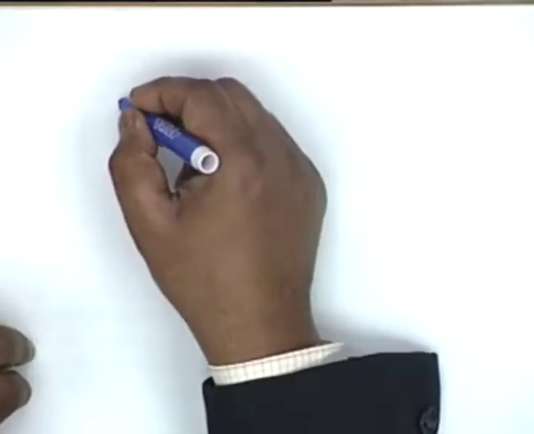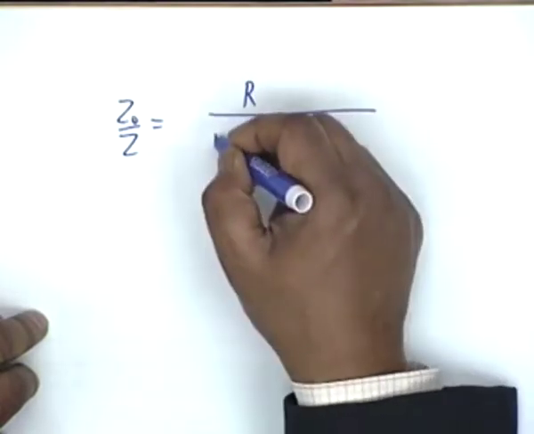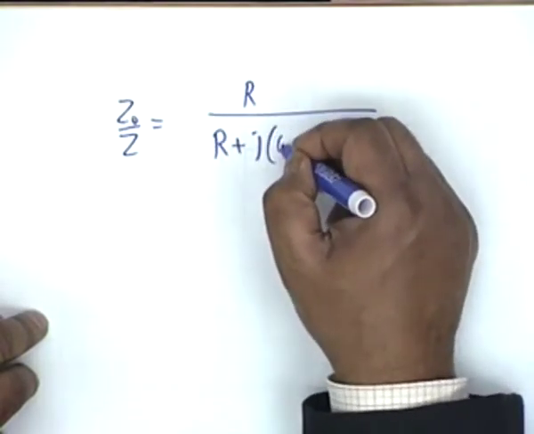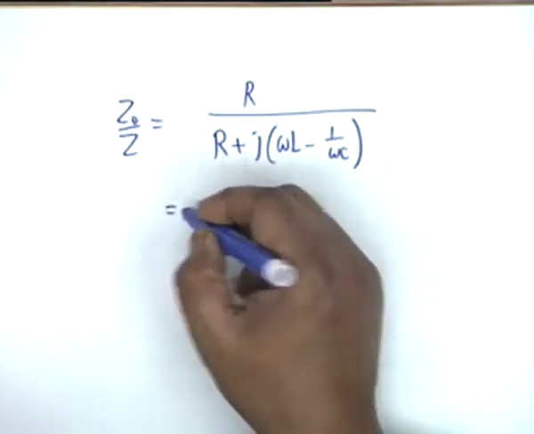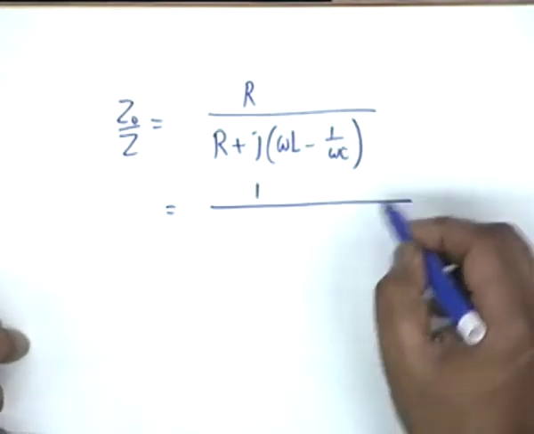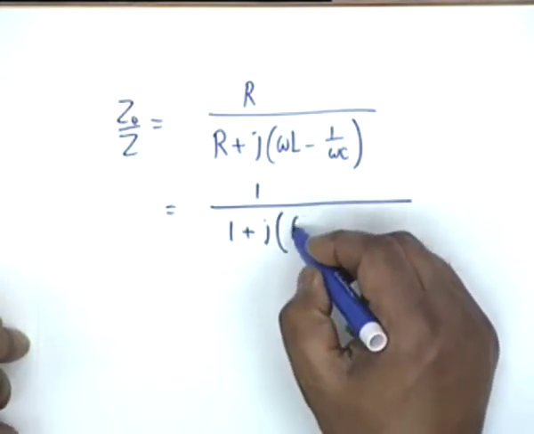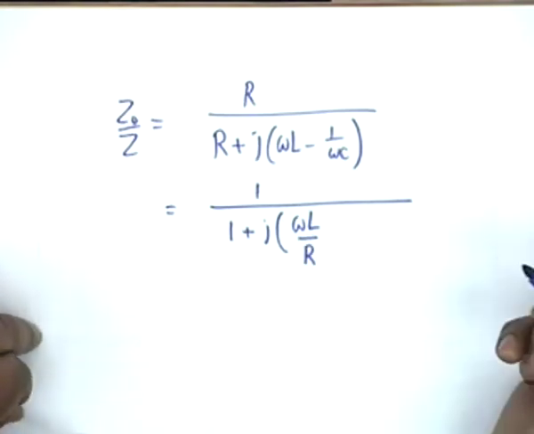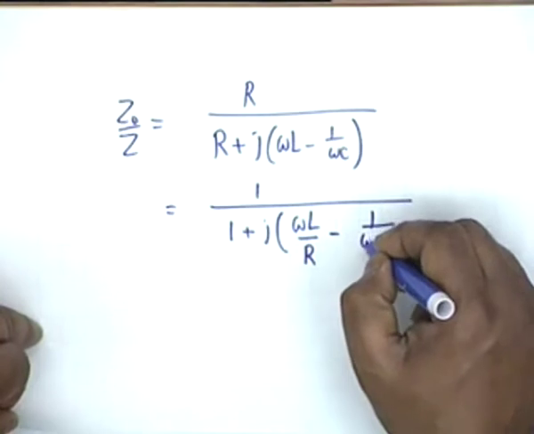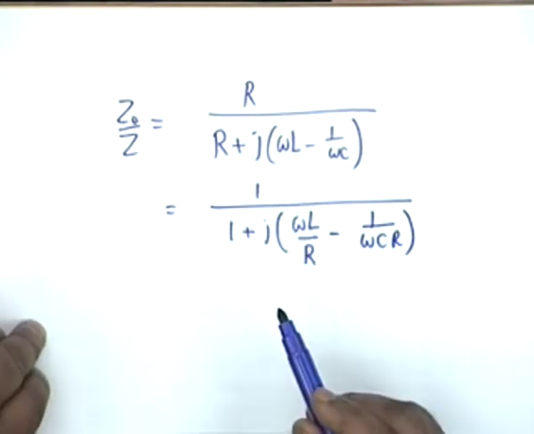I shall repeat this expression here: Z0 by Z equals R divided by R plus j omega L minus 1 by omega C, which I can write as 1 divided by 1 plus j times omega L by R minus 1 over omega C R, after dividing by R. Now you see that omega L by R is also dimensionless.